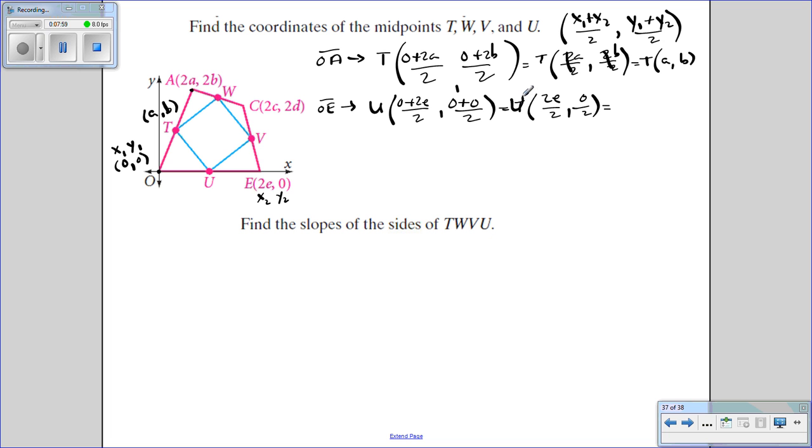Sorry, this is u. So the midpoint, u, of segment OE, if I simplify, those cancel. The x-coordinate is e, and 0 divided by 2 is 0. So the point for u would be e, 0.